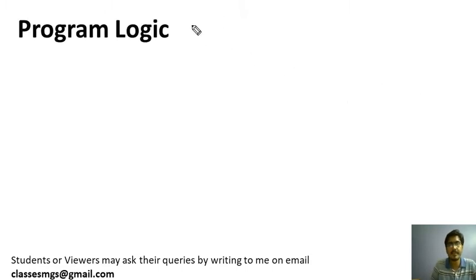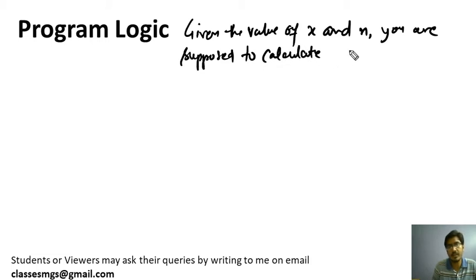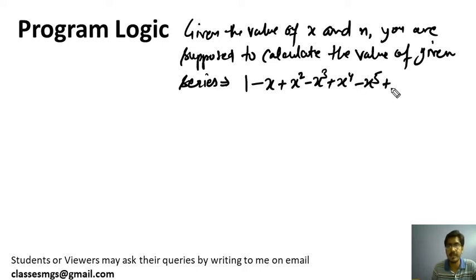Okay, so what is the program? Given the value of x, you are supposed to calculate the value of the given series, that is 1 minus x plus x square minus x cube plus x4 minus x5 plus and so on, and then x raised to power n.